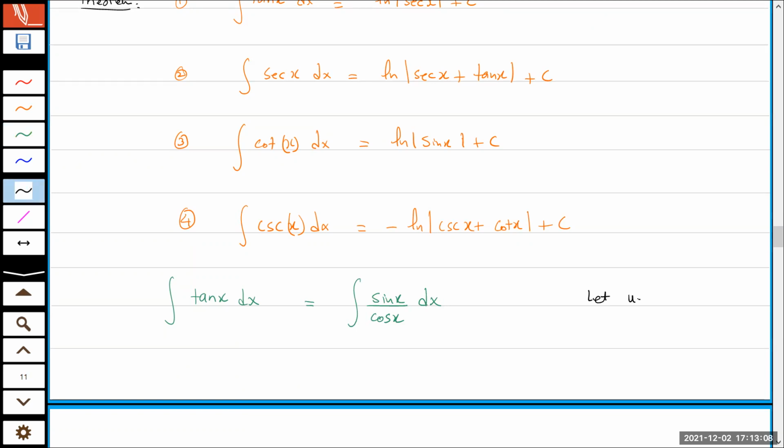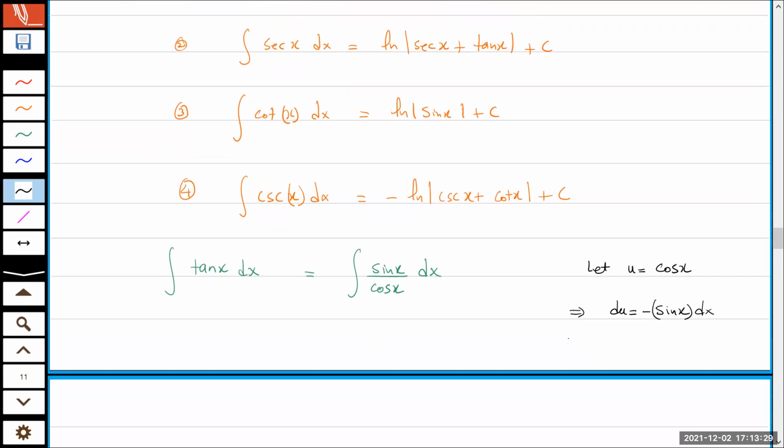Let u equals cos x, because I know its derivative is sine x, which is in the numerator, and I can pair it with dx. This implies du equals negative sine x times dx, taking the differential. Maybe let's put the negative sign on this side: negative du equals sine x dx.